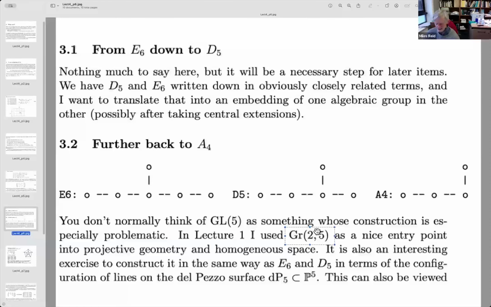The Weyl group of that is just interchanging row 1 and 2, column 1 and 2, column 2 and 3, and so on, and that generates the Coxeter group of this diagram, which is the simplest possible Coxeter group, the symmetric group S5 on 5 elements.